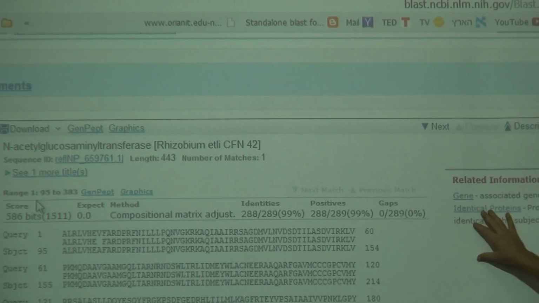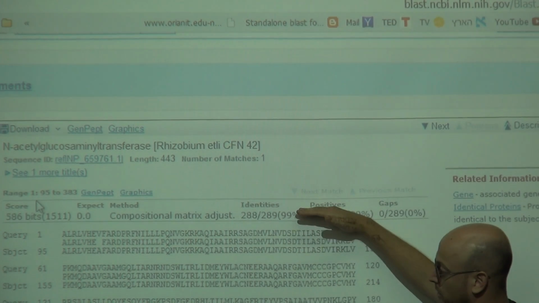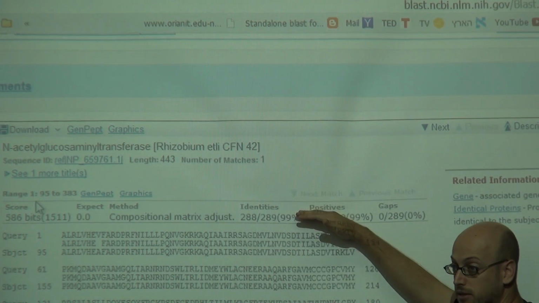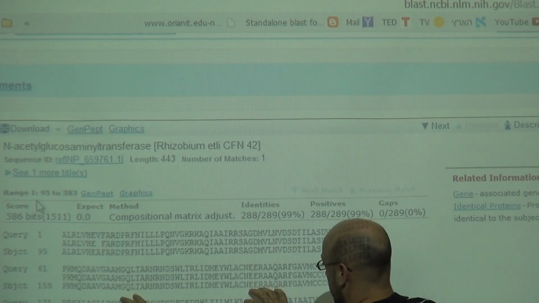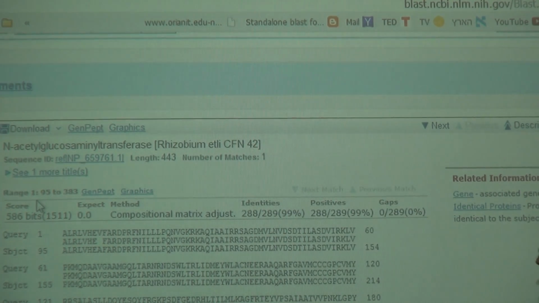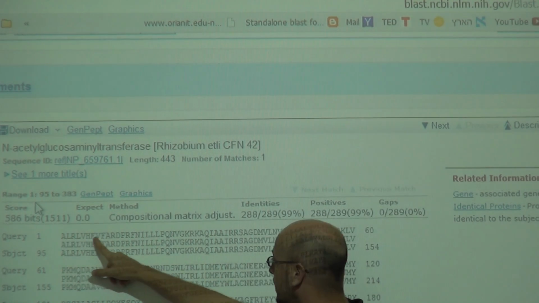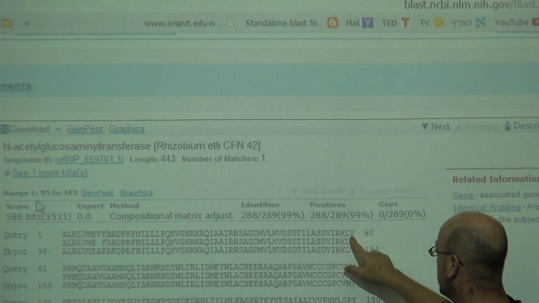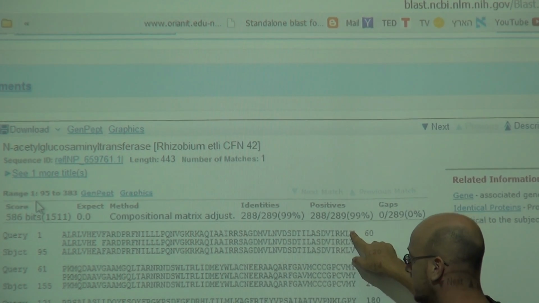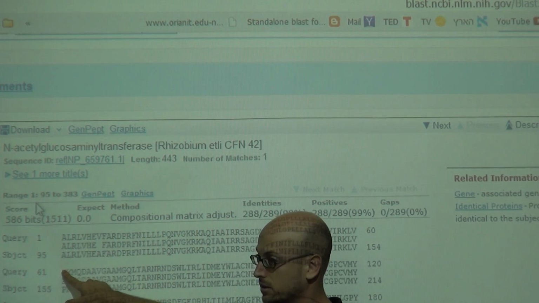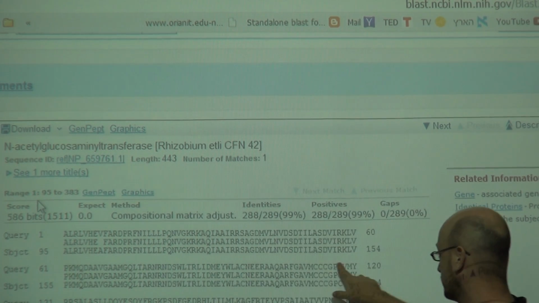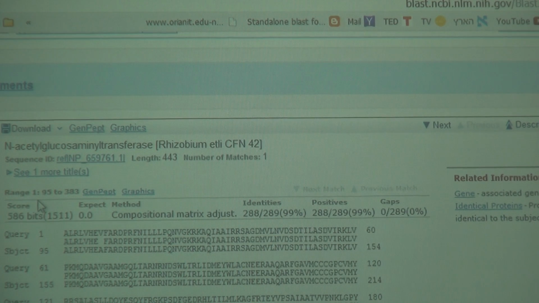So from here to here, it's all one big sequence, but we cut it. This one should be here, this one should be there. So we start here, we end here, this is amino acid number 60, and we go here, this is amino acid number 61. It's the same sequence. We just don't have enough space on the screen.